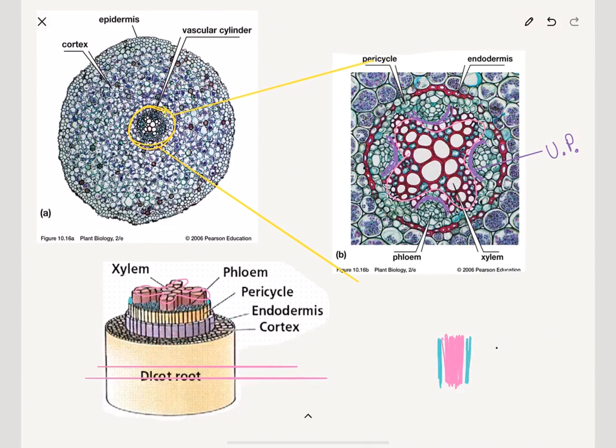The primary phloem is shown in light blue, and then the undifferentiated procambium is shown in light purple and labeled UP. In bright green, we have the pericycle.